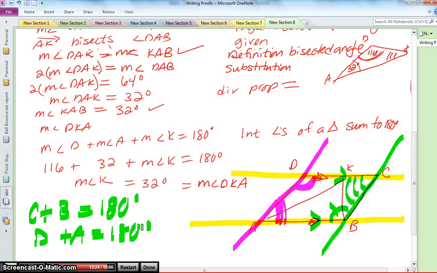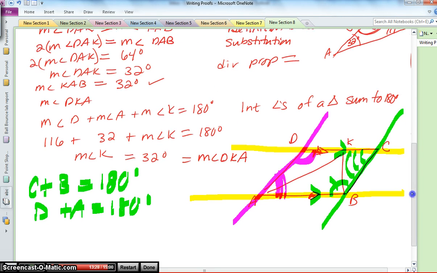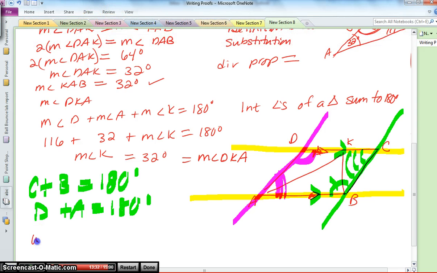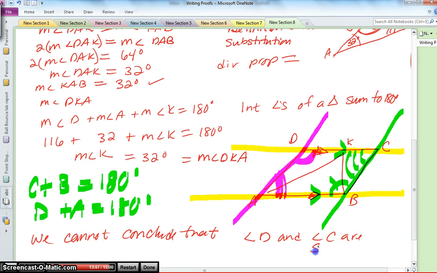So because we do not know that DA and CB are parallel, we do not have enough to conclude that angle D and angle C are supplementary.